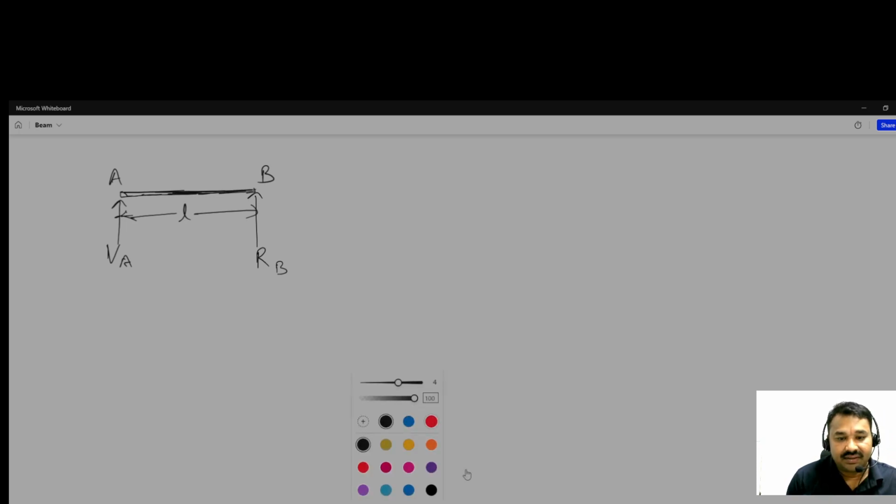And suppose the simply supported beam, this is the beam A, B, here the length is L. For the support reactions, now we know VA and RB, and the load is acting somewhere, not at the mid.